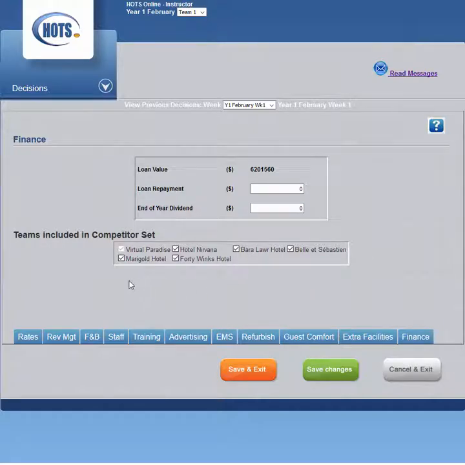So it could be that I'm running, as team number 1, Virtual Paradise here, a luxury property and I think only Hotel Nirvana, Barrow Law and Bal and Sebastian are in my comp set. Therefore, the economy properties, 40 Winks Hotel and the Marigold Hotel, I don't think are appropriate for that comp set, so I can remove them from there. And now my comp set will include only those first 4 hotels.